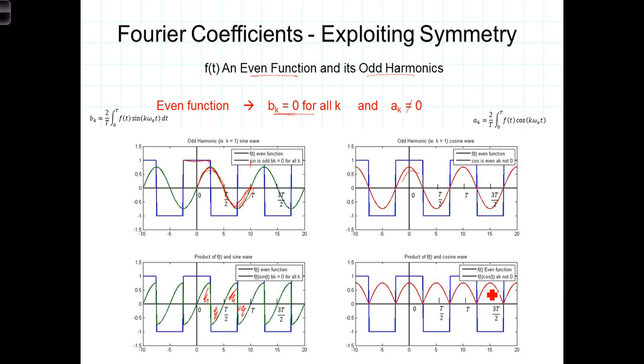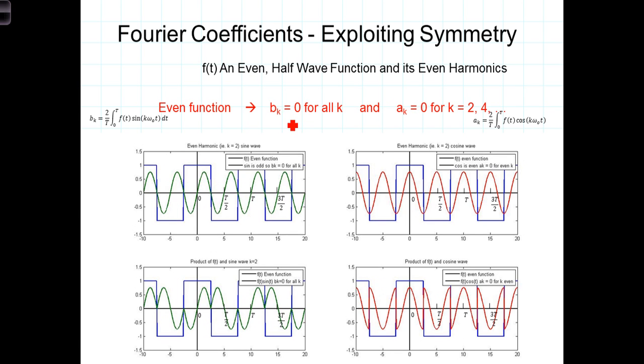Hopefully you're seeing that it all has to do with the way the cosine function lines up in phase with the even function, but the sine function lines up 90 degrees out of phase with the even function. It's that out-of-phase alignment that causes this negative-positive here, but we don't get the negative-positive here because you've got positive times positive and negative times negative.